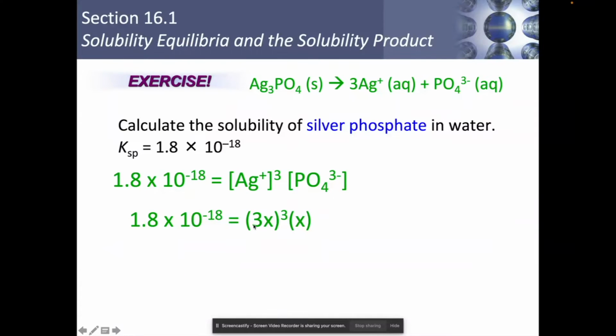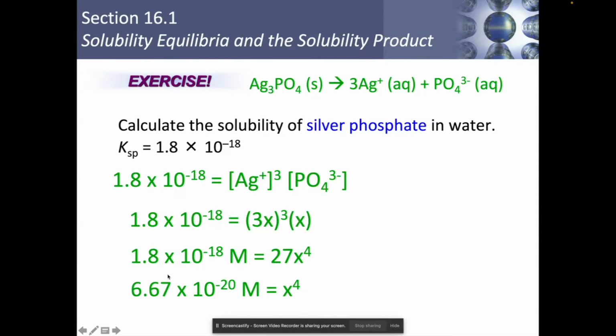So in reality, when I do that, it ends up being 27x to the 4th power. Okay, so now I need to divide this by 27 and then take the 4th root of everything. Actually, I should do that one step at a time. When I divide by 27, I get this. And then when I take the 4th root, I end up getting 1.6 times 10 to the negative 5.